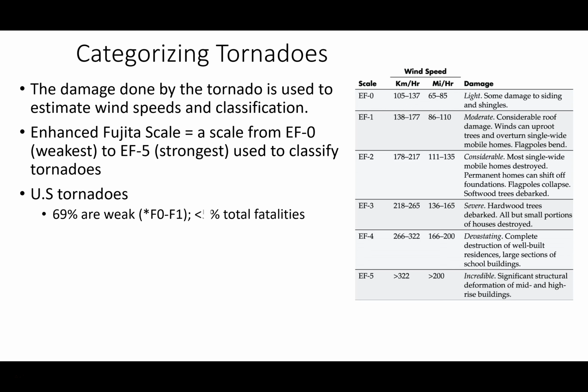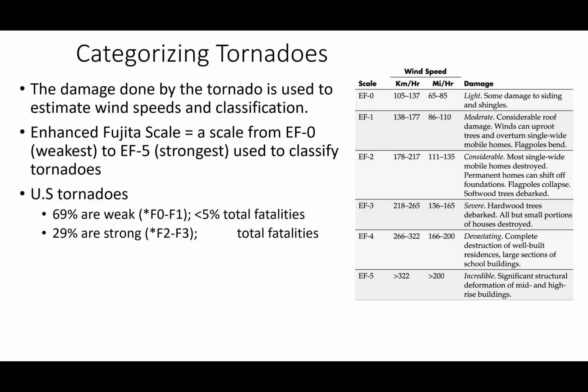I have a figure coming up to emphasize this, but almost 70% are wimpy tornadoes. 70% of tornadoes, you won't have hardly anybody killed. That's a lot. 70% of tornadoes are Fujita 0 to 1.